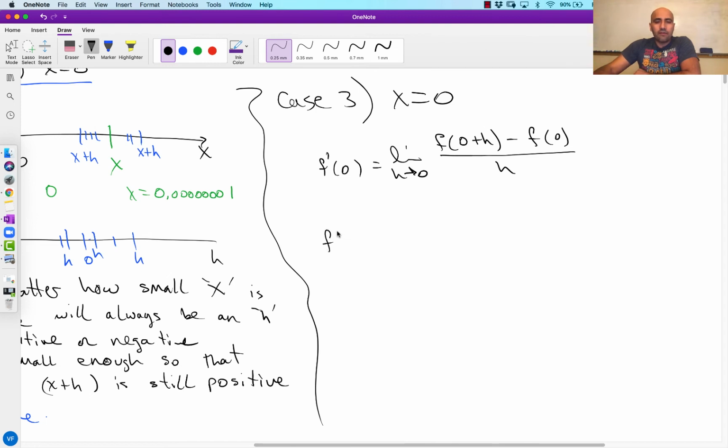Okay, so f prime at 0 is equal to the limit as h approaches 0 of, and then I'll have absolute value of 1, absolute value of the other.